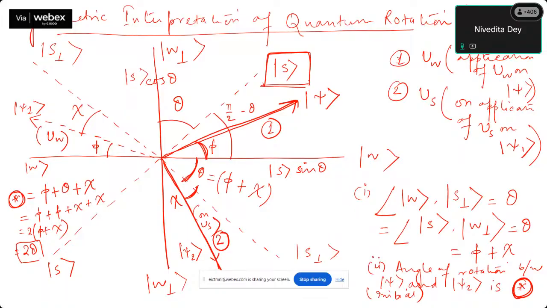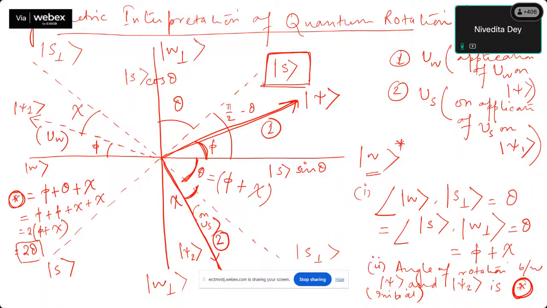So if you keep on doing that, maybe every time you will be somewhere closer or more distant from W. But where should you actually stop? What you want is that ultimately by keeping on rotating, you should stop exactly at W. So W is your item where you want to stop through these rotation operators.